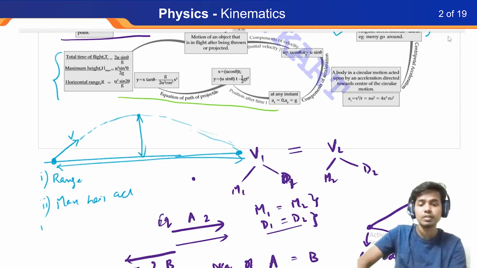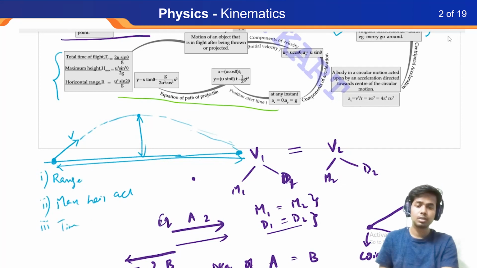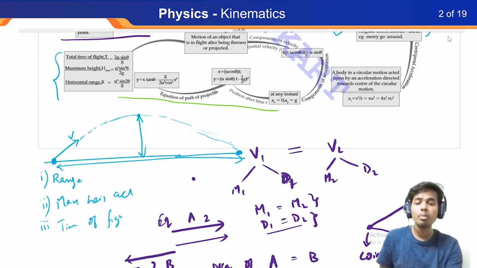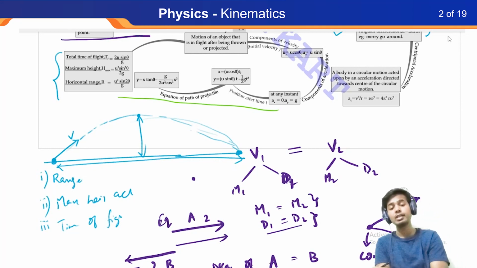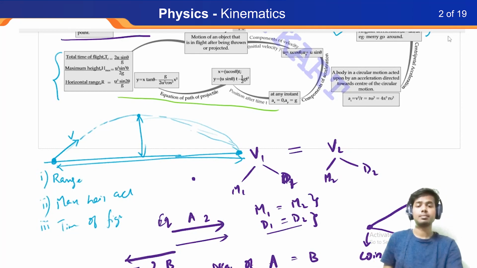This is the maximum height achieved. And the third part is the time of flight. What it means is, from the moment it was in the air to the moment it is almost striking the ground, what is the total net time taken?